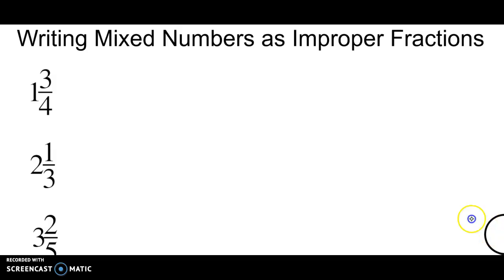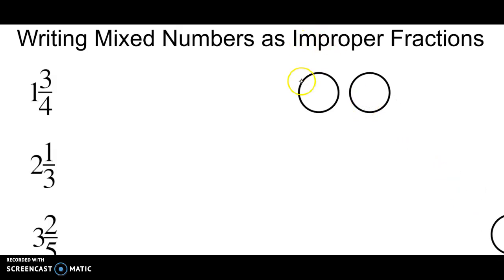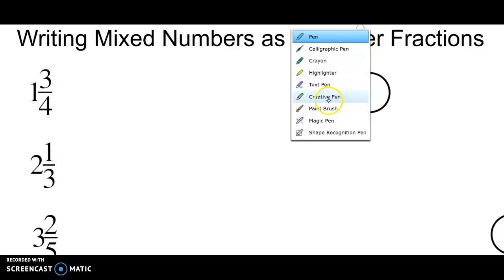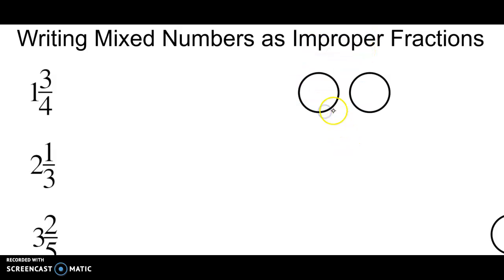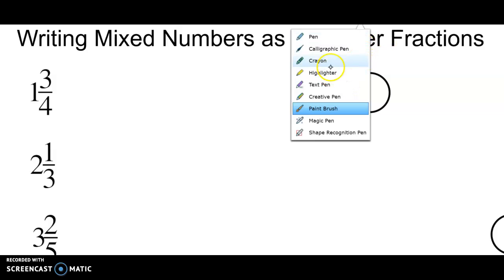Now, first of all, I'm going to draw out 1 3/4. Let me pull out 1, and I'm going to do 3/4. So first of all, I'm going to color a whole. There's my 1. And then you've got 3/4.